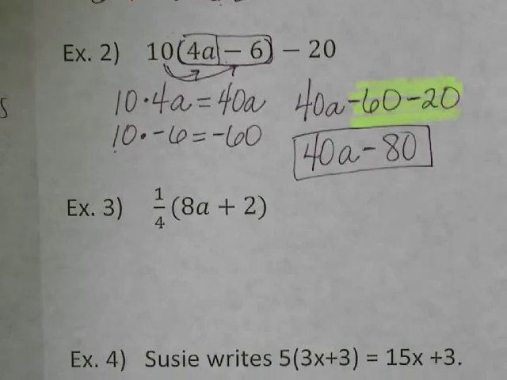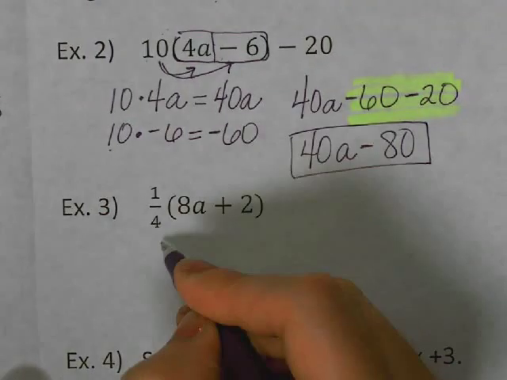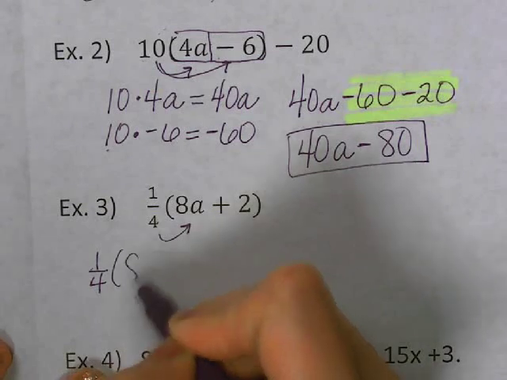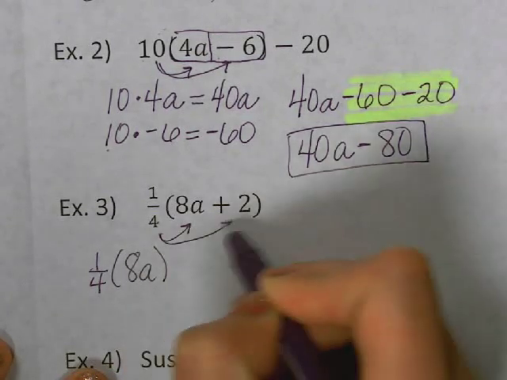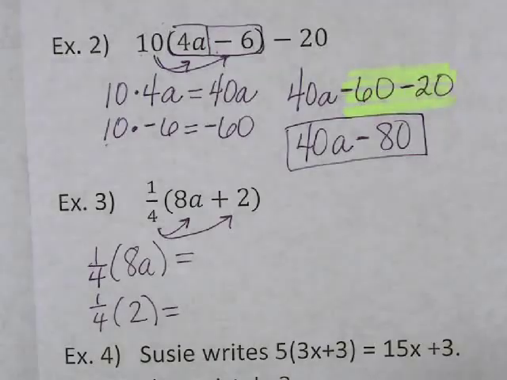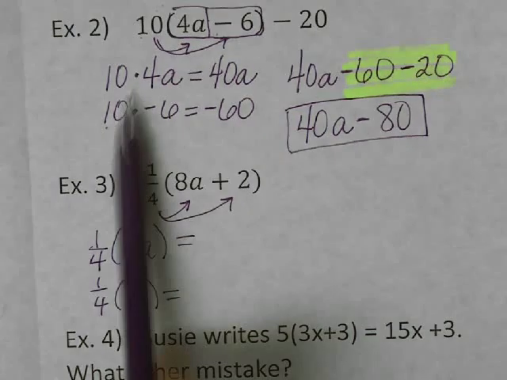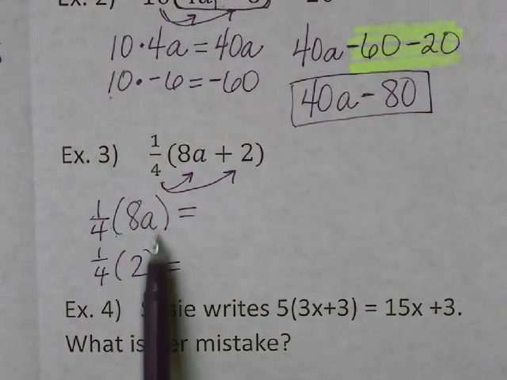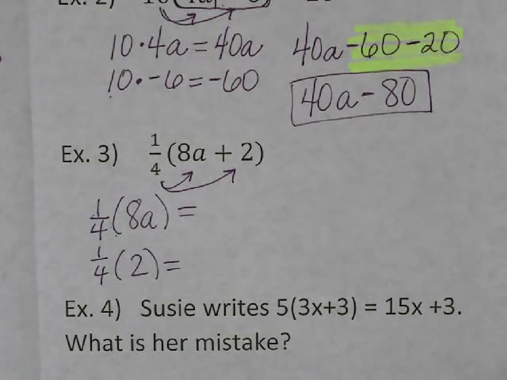Alright, the last example is example 3, and it's 1/4 times 8a, and it's 1/4 times 2. Okay, so notice you can write it using a dot, or you can put them in parentheses, whatever works for you. Usually if it's a fraction, I usually put them in parentheses.